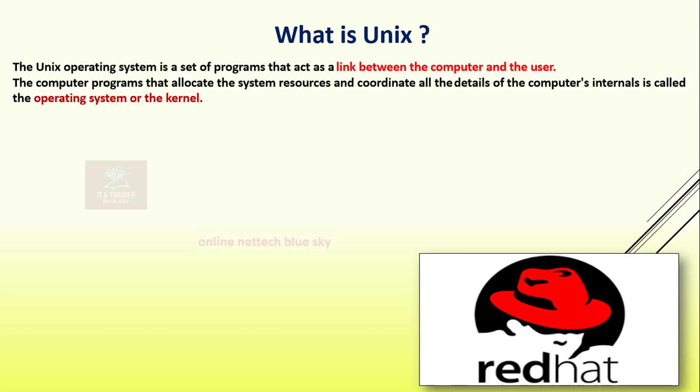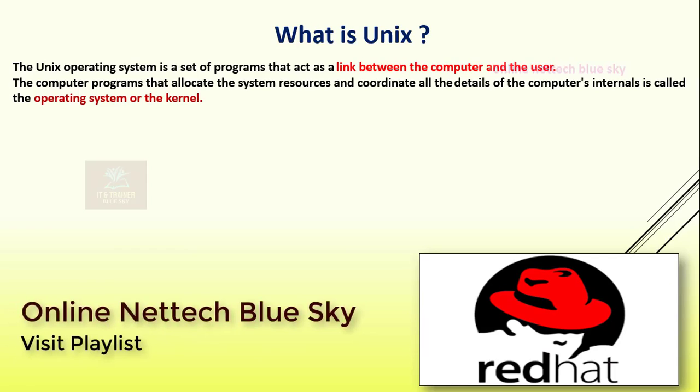The Unix operating system is a set of programs that act as a link between the computer and the user. It is a set of many programs: K shell, B shell, C shell, C program, C++, Java, Python, Ruby.